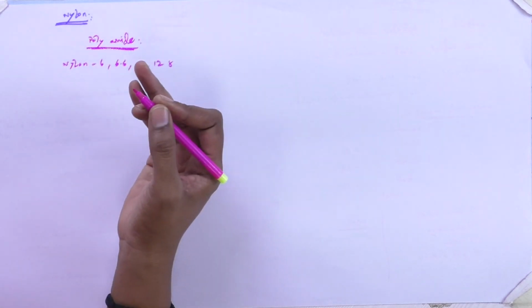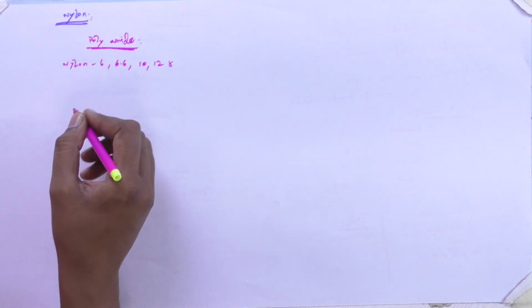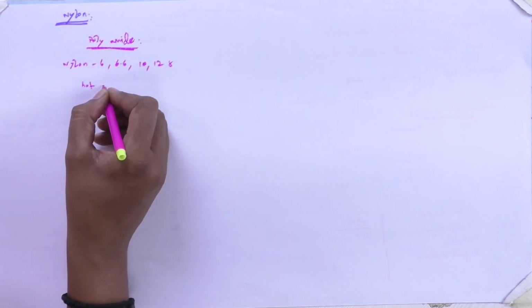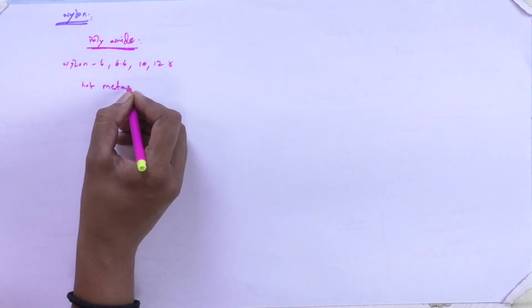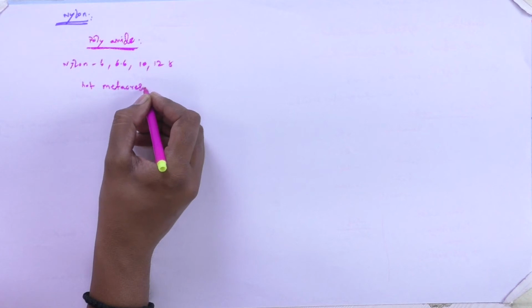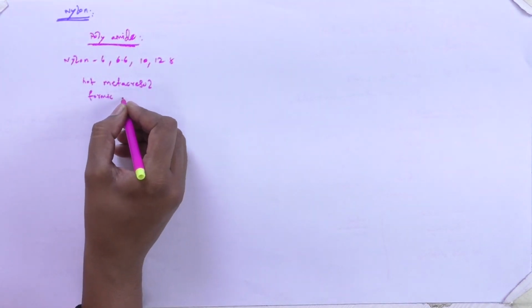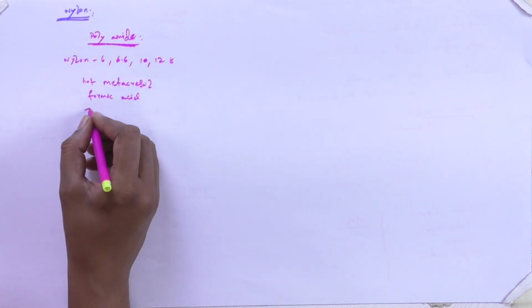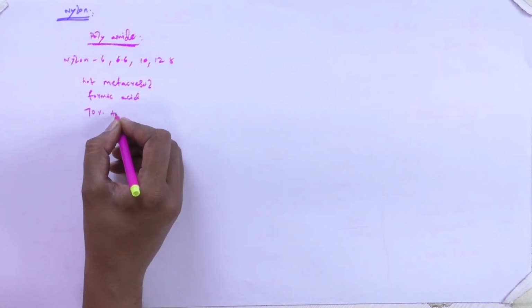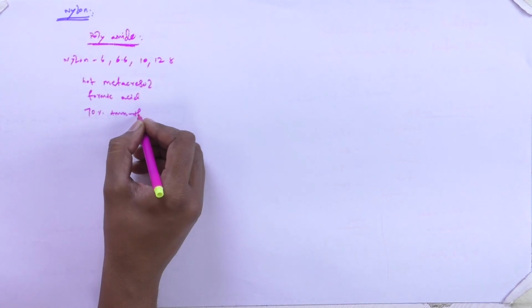To differentiate it by chemical test, it is easily soluble in hot metacresol and formic acid, but not soluble in 70% ammonium thiocyanate.